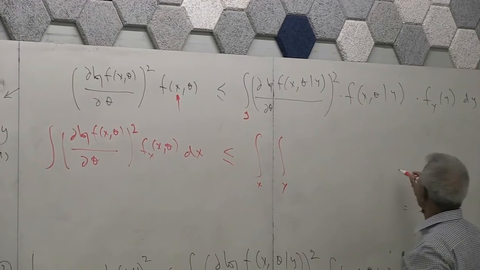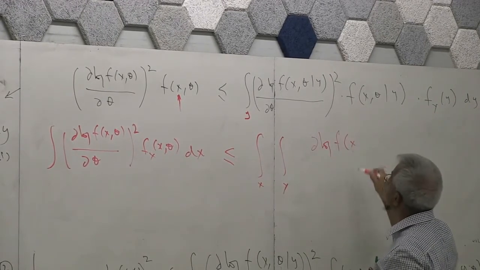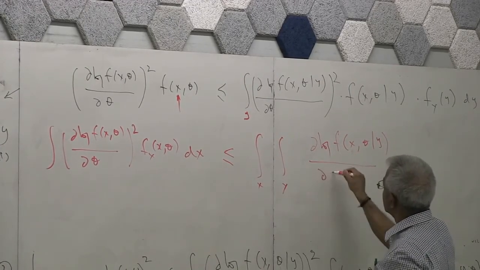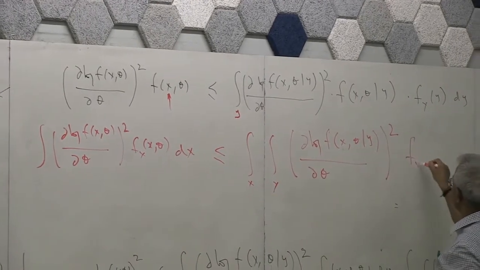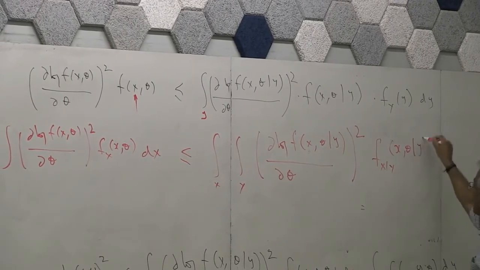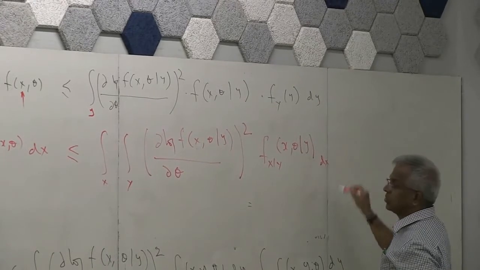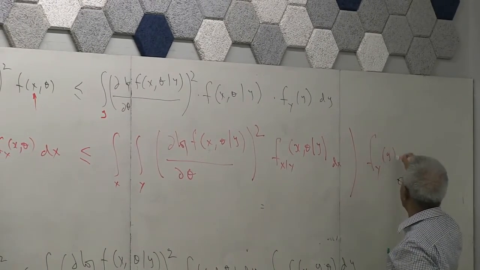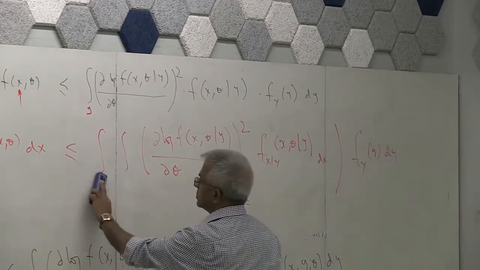So with respect to x, you get d log f of x comma theta given y, d theta squared, multiplied by f of x given y. So this is with respect to dx, and then the whole thing multiplied by f_Y of y dy. So we can flip this if you want.